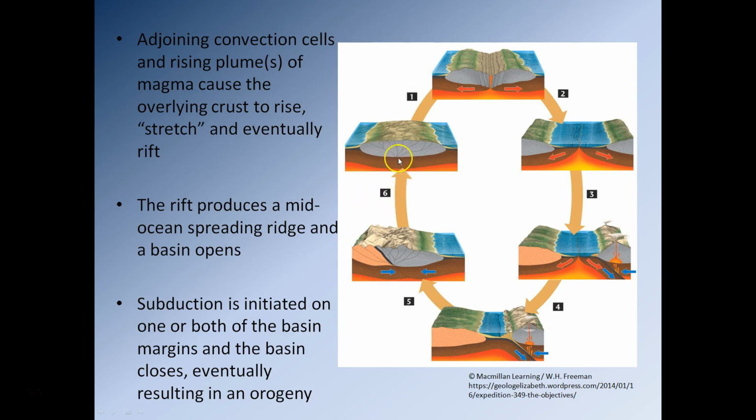The other thing that can happen is if you get a sequence of very, very large mantle plumes coming up, they can get stuck underneath the continental crust, and these mantle plumes will begin to cause the continental crust to dome up. That will stretch the continental crust, and eventually the rock will fault, it will break. Once this area begins to become stressed and undergo extension, the crust will fail, it will fault, and as the crust becomes extended in this area, it will become thinned.